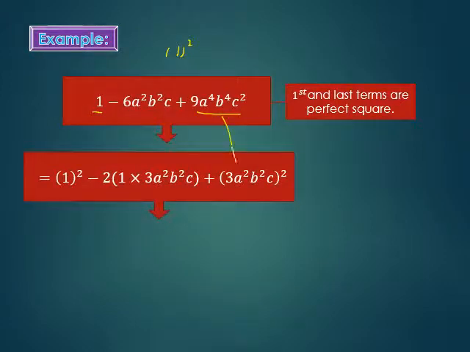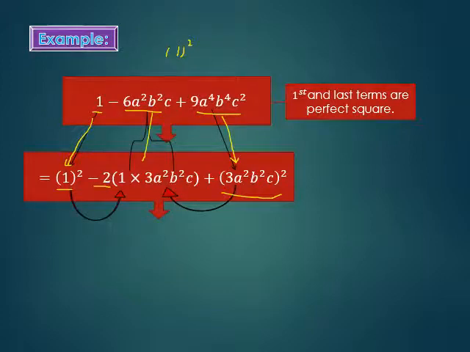It can be written as 3a square b square c whole square. So extreme terms are perfect squares, and the middle term, that is minus 6a square b square c, can be written as 2 times the first term, that is 1, multiplied by the last term, that is 3a square b square c.